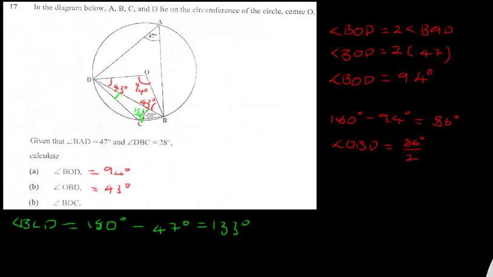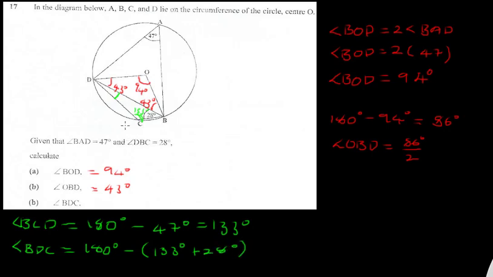And can you finish it from there? I believe you can. Do I really have to do it? Well, let's do it together just in case you get stuck. If we have this angle and this angle here, and we are looking for this angle, we should realize this is a triangle, and angles in the triangle add up to 180 degrees. So angle BDC equals 180 degrees minus 133 degrees plus 28 degrees.